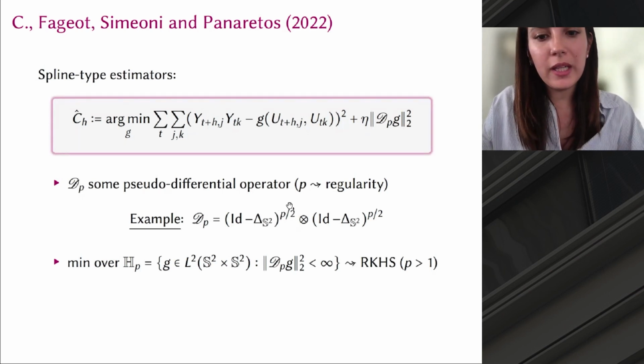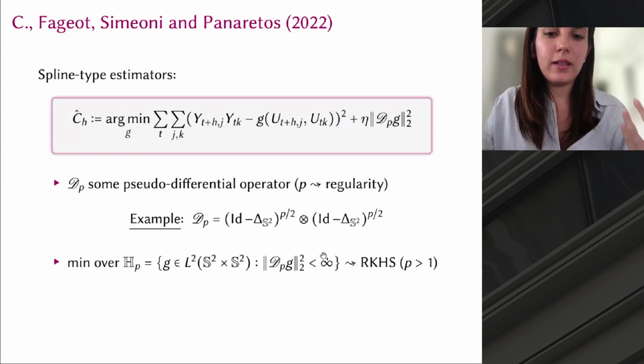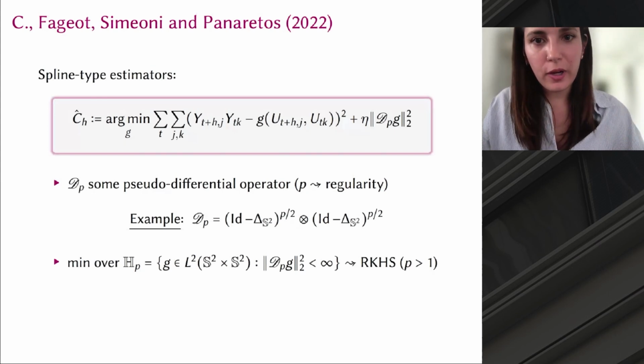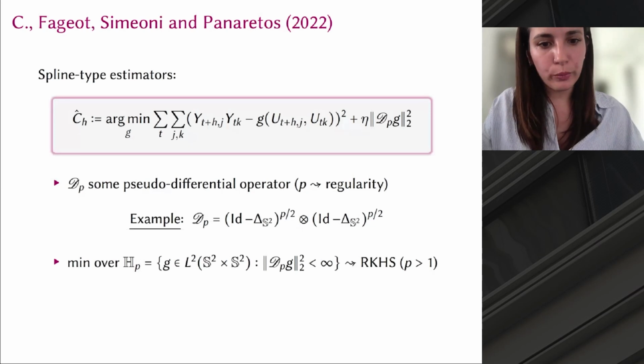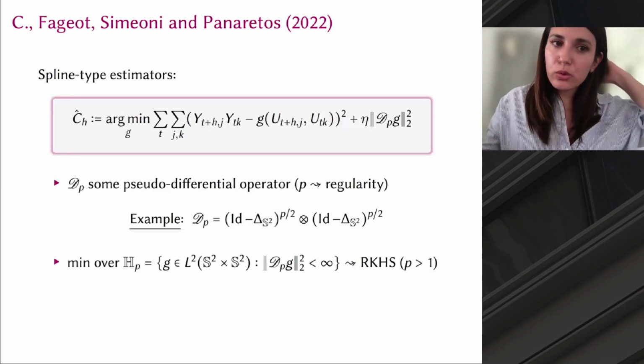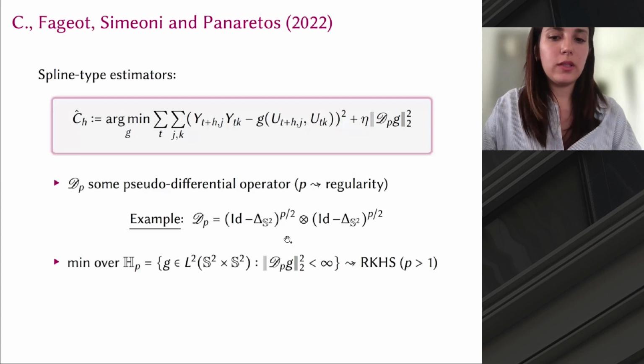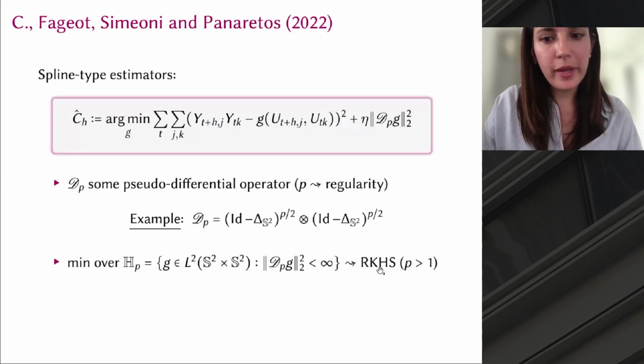Then you have P divided by 2, and then this is a kind of order P derivative for the function on S2 times S2. And this allows us to constrain our minimization problem to this space, which is a Sobolev space, and which is also a reproducing kernel Hilbert space when P is greater than 1.